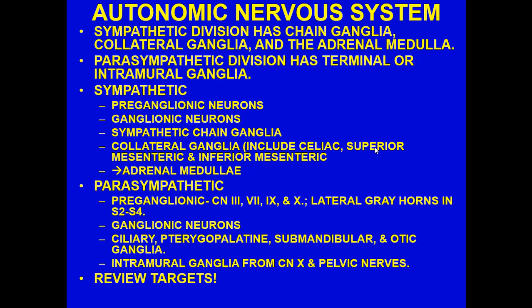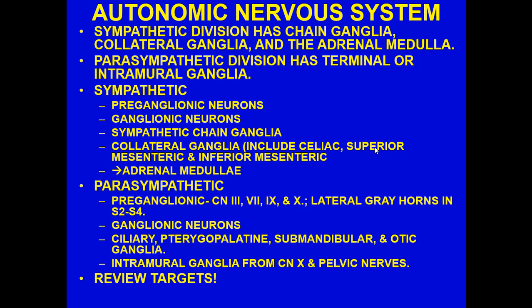a few minutes. The parasympathetic consists of the cranial nerves 3, 7, 9, and 10. And you will also see them coming out from the lateral gray horns in the sacral region from S2, S3, and S4. You will have the presence of ganglionic neurons.